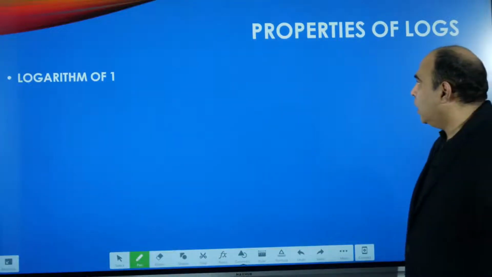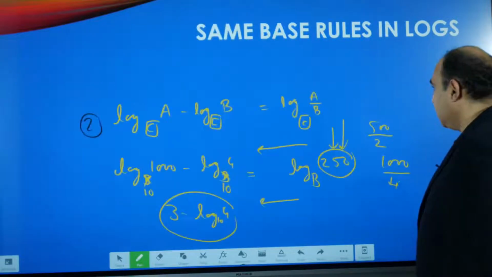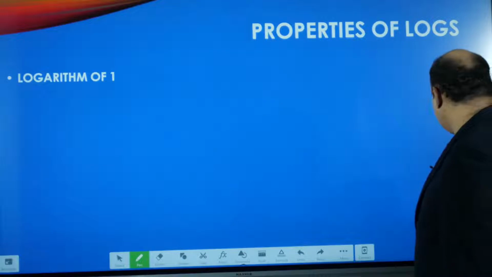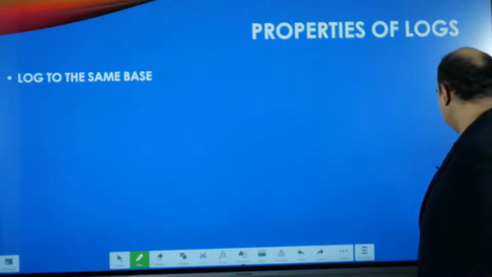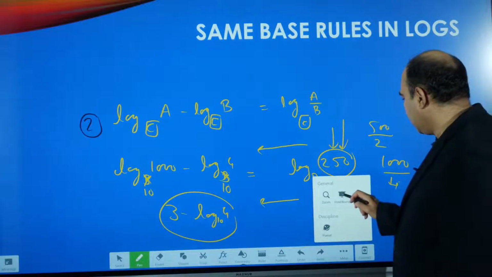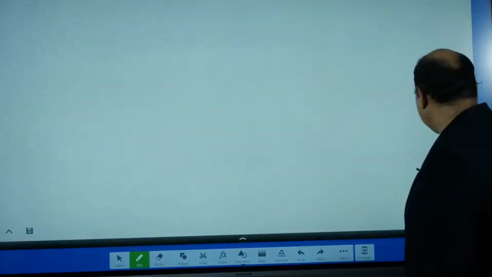The third rule: after these two rules, you have some properties of logs. I think I have missed out a couple of slides here, so I'll put it here.